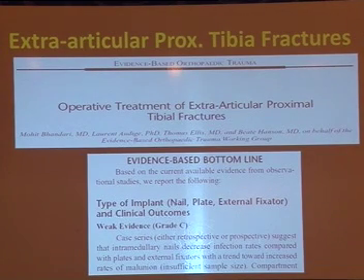So the evidence-based Cochrane study of Mohit Bhandari says there is no definitive implant which is more advantageous or has benefit over the other. There is no conclusive report to say which implant does well in these cases.